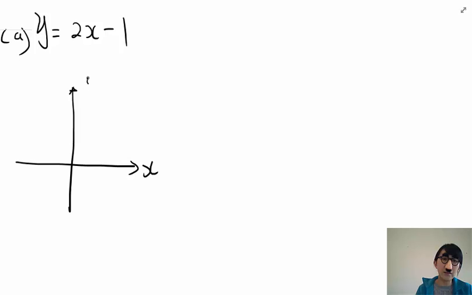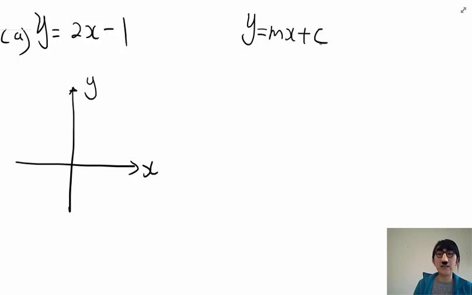So first, we have to understand another key concept, which is the standard form of a linear equation: y equals mx plus c.